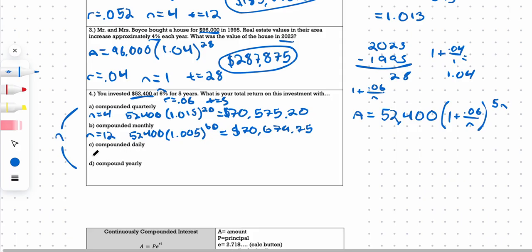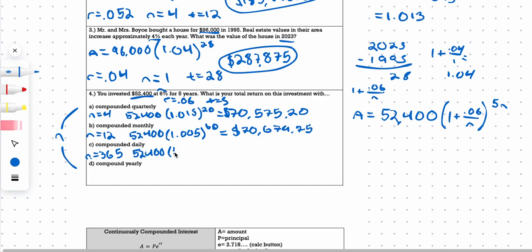Okay, compounded daily. Well, there's 365 days in a year. So we're going to say 52,400. Now we do 1 plus 0.06 divided by n, and n equals 365. I cannot do that, and that's going to be a lot of decimal places. So 0.06 divided by 365 is going to be like 1.6 times 10 to the negative fourth.